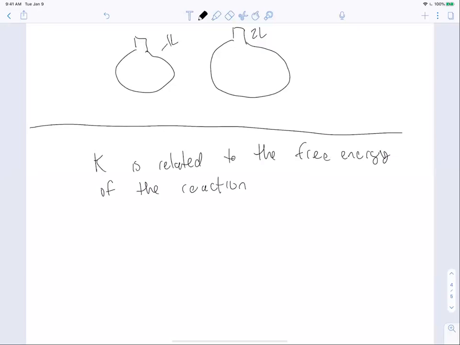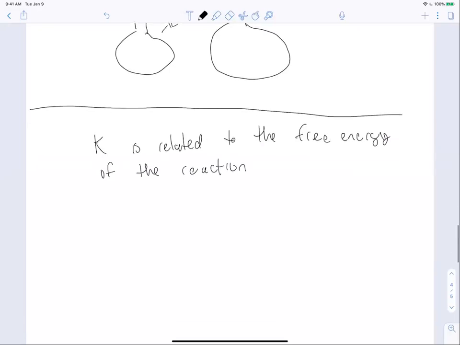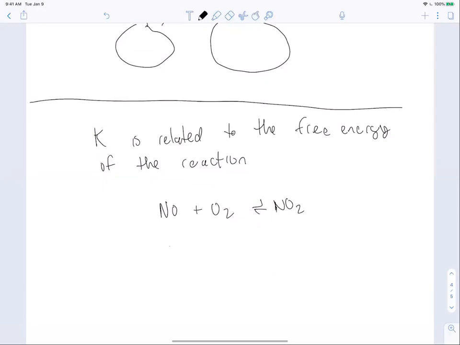If we think back to what we know about thermodynamics, we know that for whatever reaction we're looking at, let's say you have this reaction, these are all gases. The extent that this reaction goes to the right, so the extent that I form NO2, is decided by this thing K. And then we're defining K as the reactants over the products.